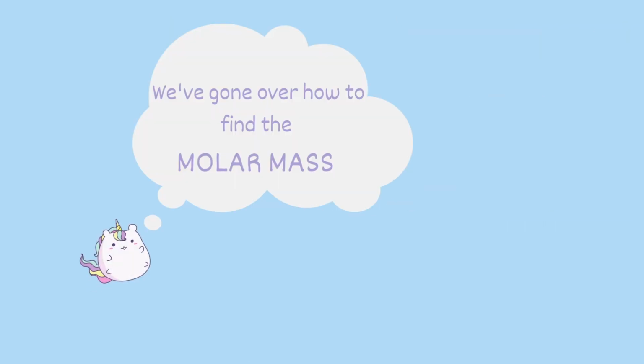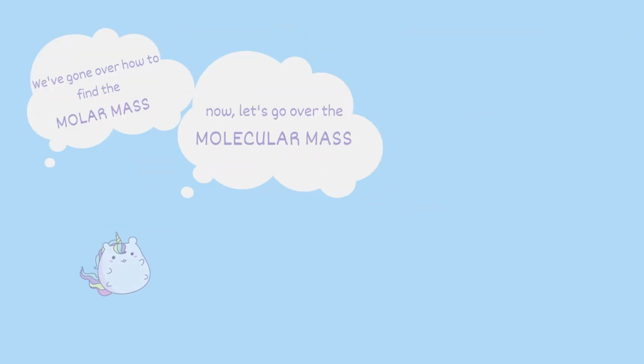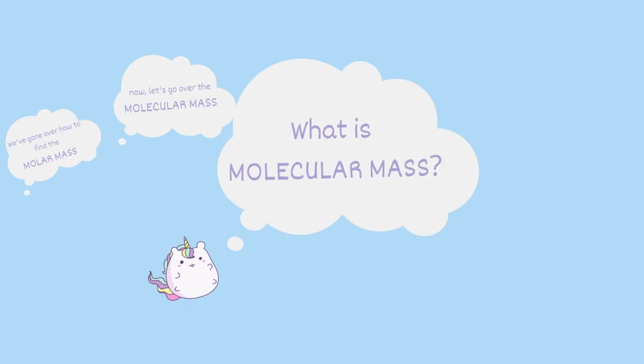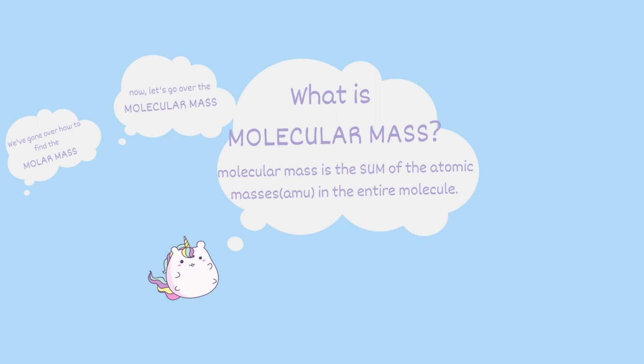So we've gone over how to find the molar mass. Now let's go over how to find the molecular mass. First off, what is molecular mass? Molecular mass is the sum of the atomic masses, the AMU, in the entire molecule. And just as a side note, remember atomic mass is equal to the molar mass.